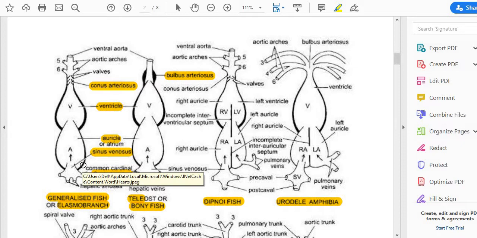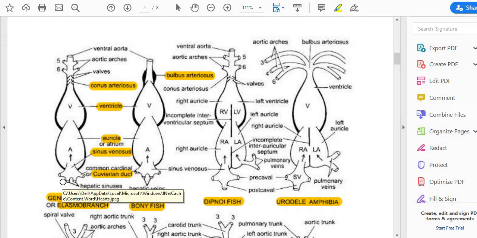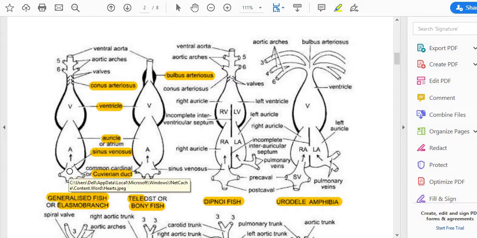Now let us see how blood moves inside the heart. The blood pours into the sinus venosus through two ducts present on either side. Such a duct is called the ductus of Cuvier or Cuvierian duct. These ducts collect the deoxygenated blood and pour it into the sinus venosus.